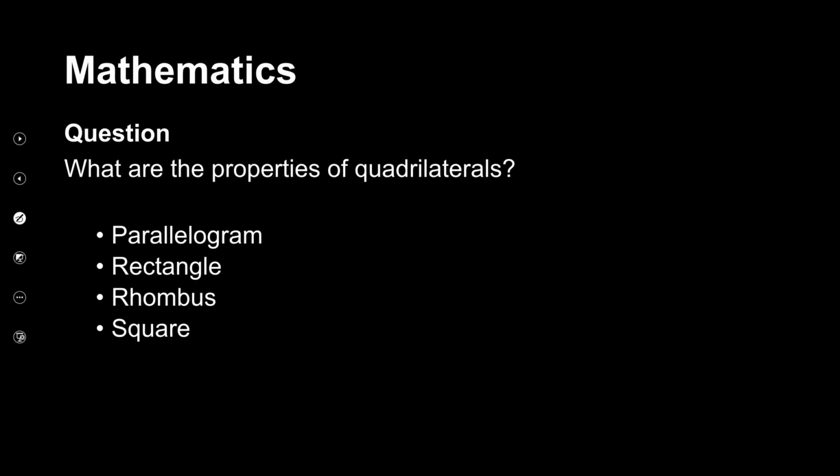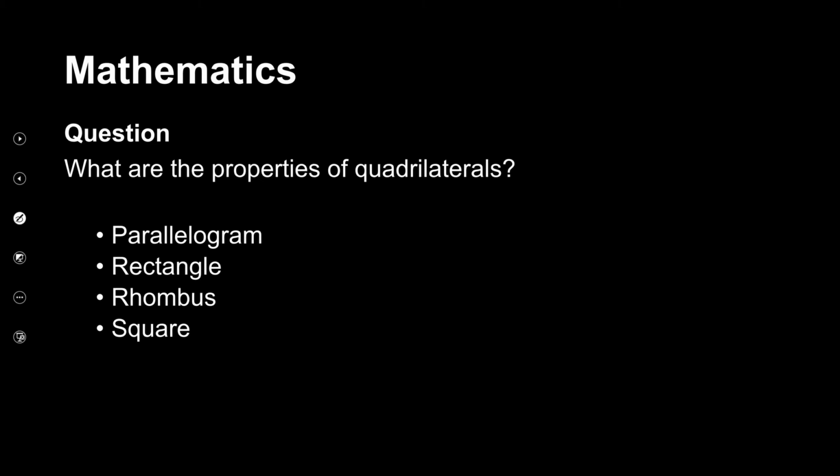It is very important for you to note that these are not the only ones, right? There are other quadrilaterals, but we're only looking at these ones because there are some interesting facts about them that we can try and overlap across.